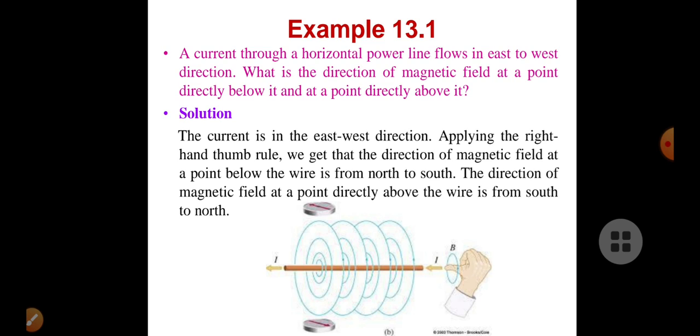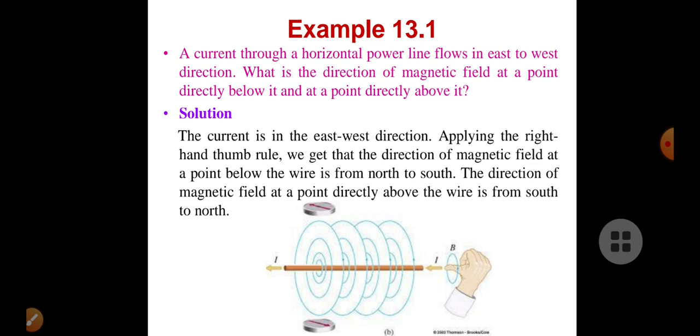Now as you can see, the direction of current is from east to west. So applying the right hand thumb rule, we can get the direction of magnetic field at a point below the wire is from north to south. You can see better, this arrow is coming like this. So this direction is from north to south below, and above it is from south to north.